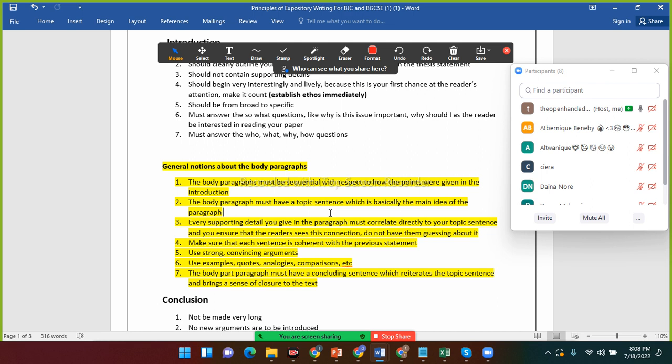I want Albernic to read number 1. The first sentence, read that for me, Albernic. The body paragraph must be sequential with respect to how the points were given in the introduction. Okay, good. Deja, what do I mean by that?